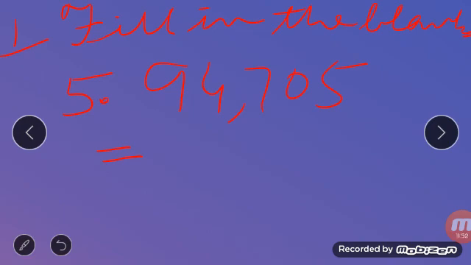One way is you write simply: ones, tens, 100, 1000, and this is 10,000. 9 is in the 10,000 place, so 90,000. Plus 4 is in thousands place, so 4,000. Plus 7 is in 100 place, so 700. Plus 0 means 0 only, because 0's place value is always 0. Plus 5 is in ones place.